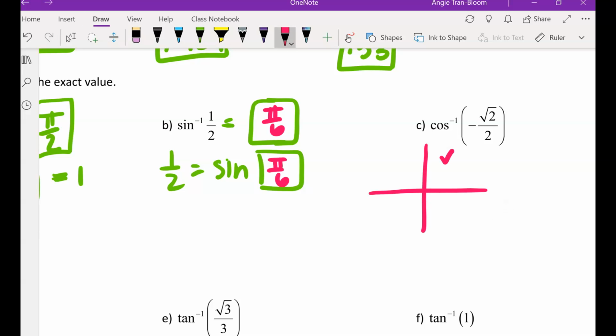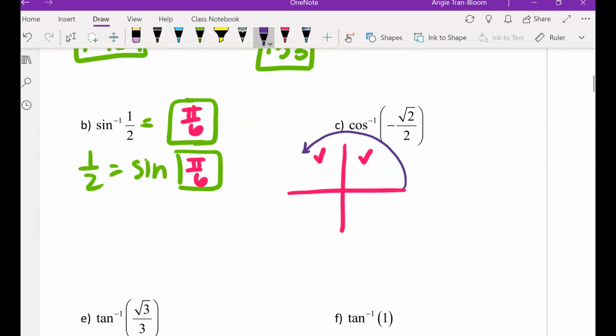Cosine inverse is restricted in 1 and 2. 3 pi over 4 will give me a negative root 2 over 2. So final answer is 3 pi over 4. Sorry about that. Always go back to our restrictions. You may not have outside restriction for inverse functions.